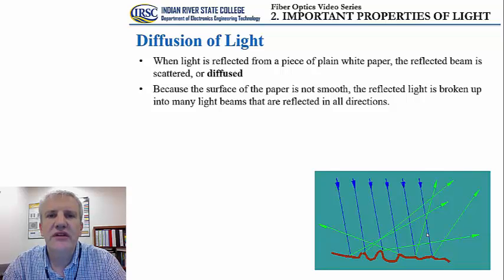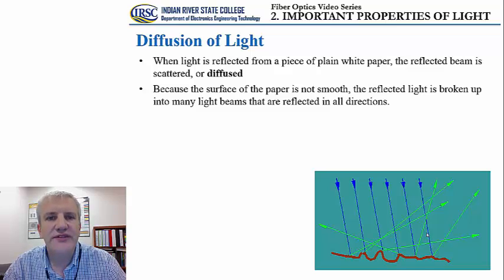We are going to introduce another important phenomenon related to the behavior of light, so-called diffusion. If we are talking about two different types of materials, where one material has a very rough surface, when the light hits that rough surface, it's going to get reflected in many different directions. In such a case, we are talking about a scattered or diffused beam of light.